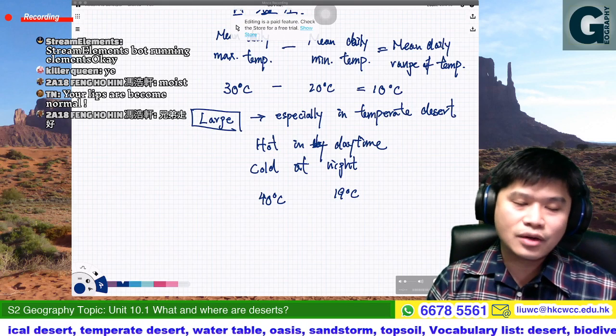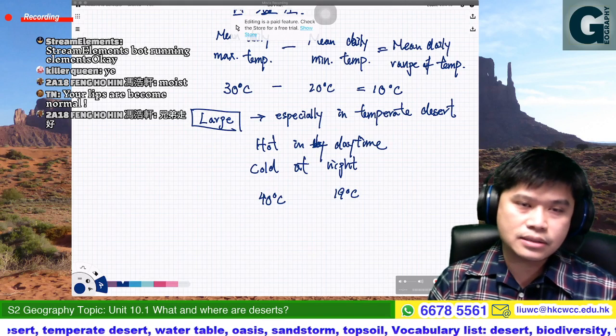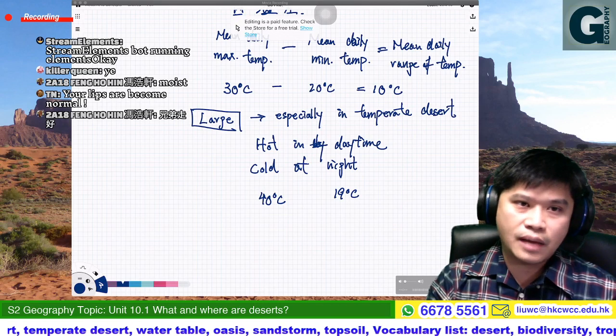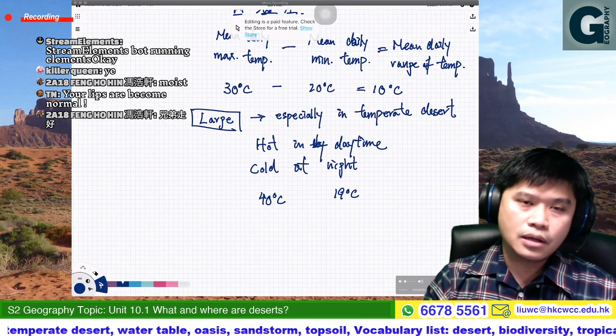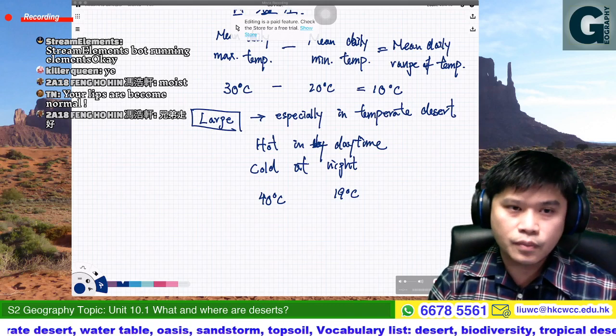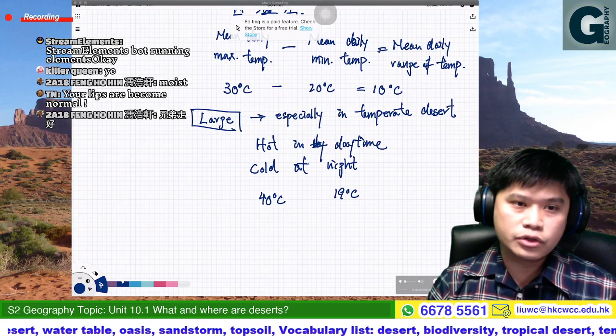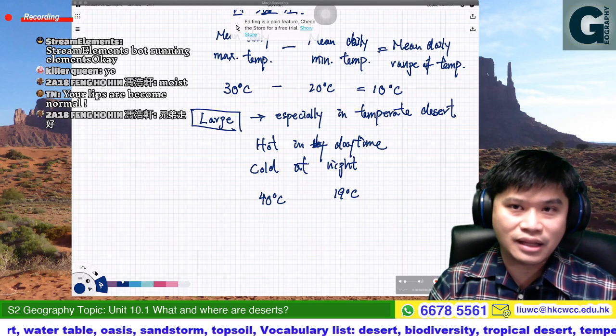So why do they sleep outdoors? It is because at night the temperature in that place could drop rapidly. Therefore, it could be quite cool outside. That's why those people like to sleep outside at night.